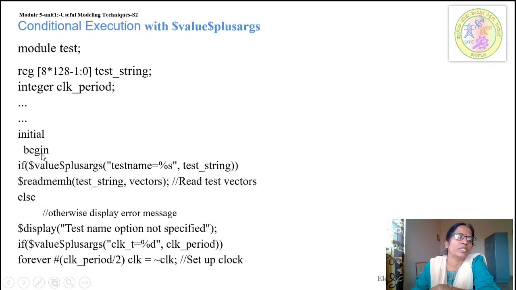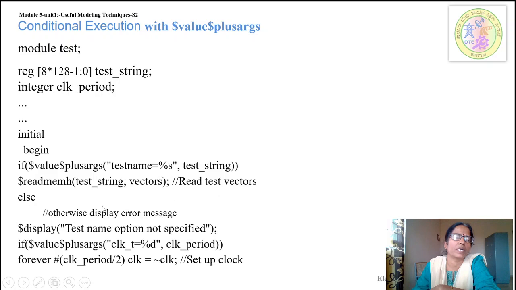Initial begin, if $value$plus$args test name is equal to %s, the string, we display the test string, and assign it here. Then we read memory hexadecimal, the hexadecimal value of memory, initializing the hexadecimal test string and vectors.